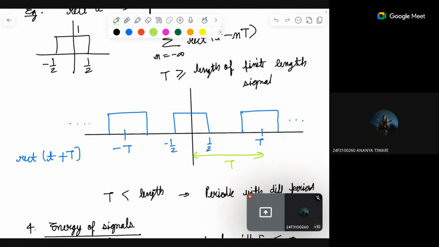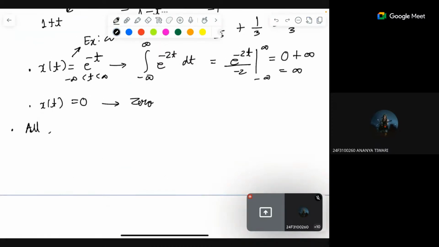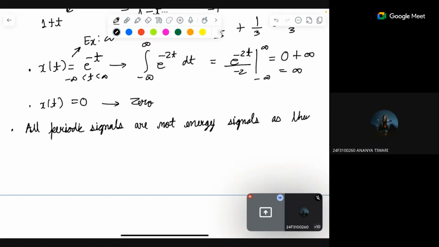Yes, ma'am. So periodic signals have infinite energy. Is this clear? Yes, ma'am. All periodic signals are not energy signals, as they have infinite energy, because infinite periods will add up and give me infinite energy, even if it is finite in one period, right?